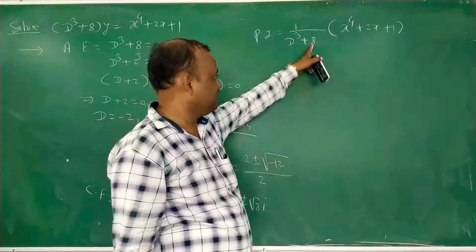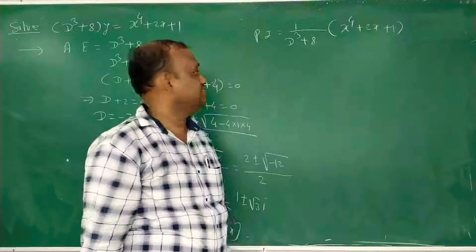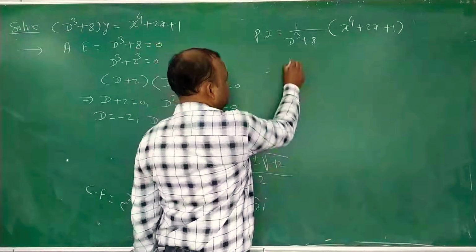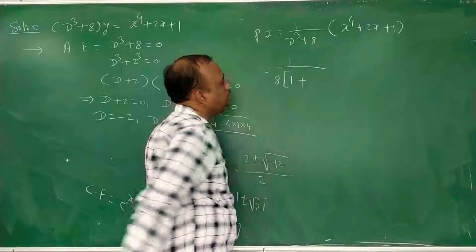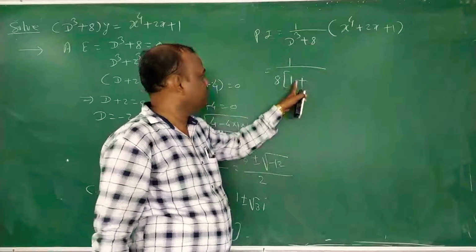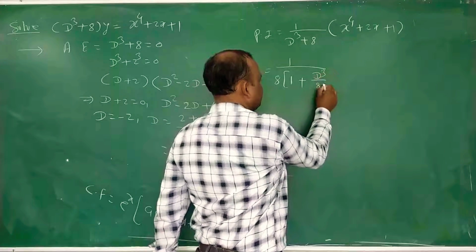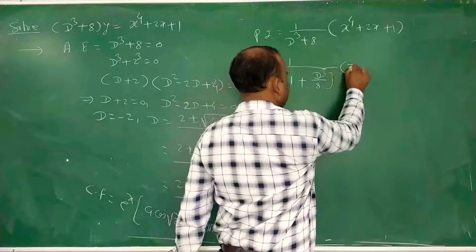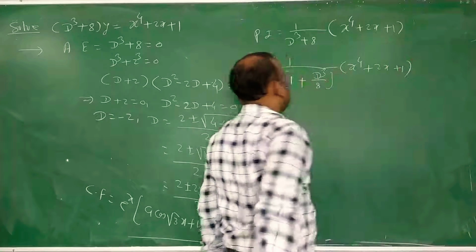So for that we want here 1. Now here 1 is not present, so always take the constant term common from the denominator. If we take 8 common, then we will write here 1 instead of 8, 1 plus D cube divided by 8, into x raised to 4 plus 2x plus 1.